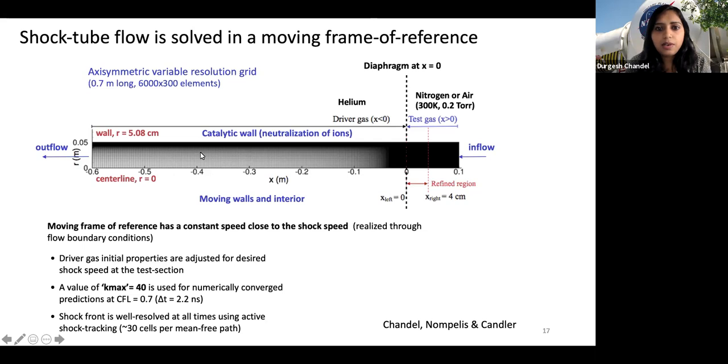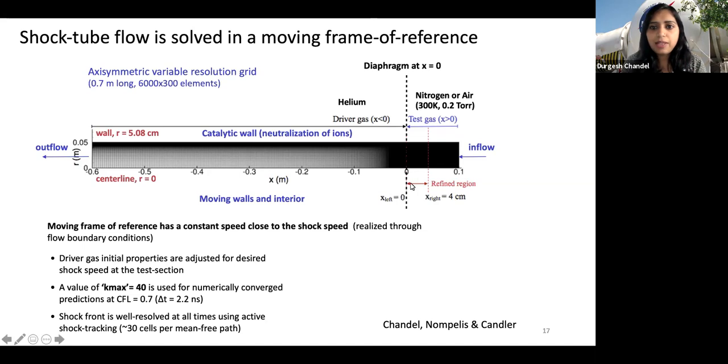The whole domain moves with the shock, which is given as a boundary condition, or a flow domain condition. So basically the grid does not move itself, but when I start the simulation, the whole computational domain has an initial speed in the direction opposite to the shock motion.